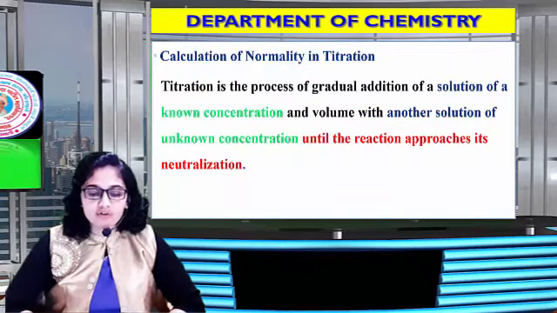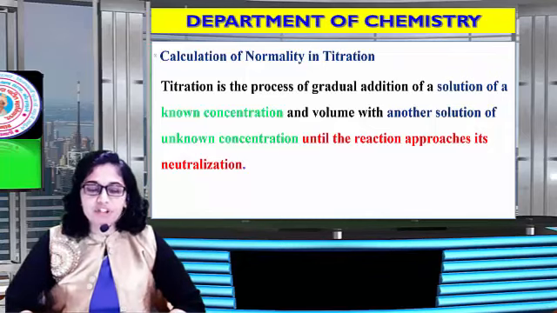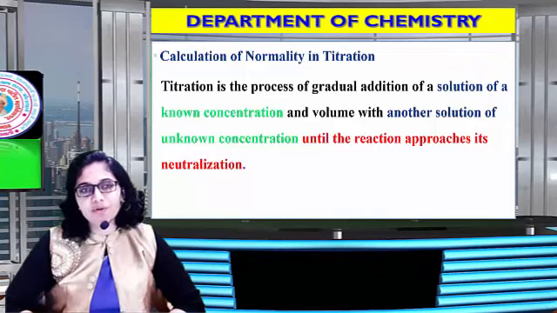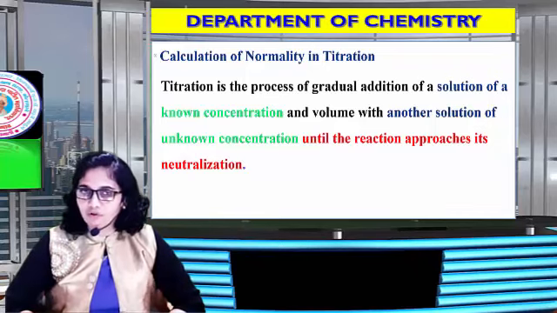Titration is the process of gradual addition of a solution of known concentration and volume to another solution of unknown concentration until the reaction reaches neutralization. Till the neutralization point, we add the solution of known concentration from the burette into the solution of unknown concentration.